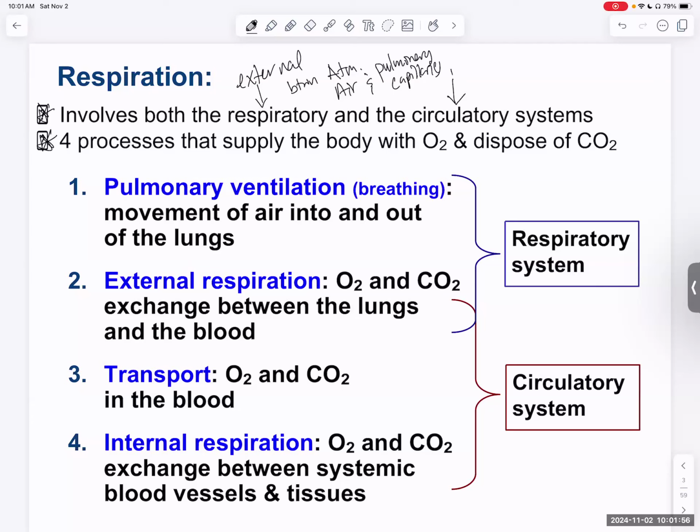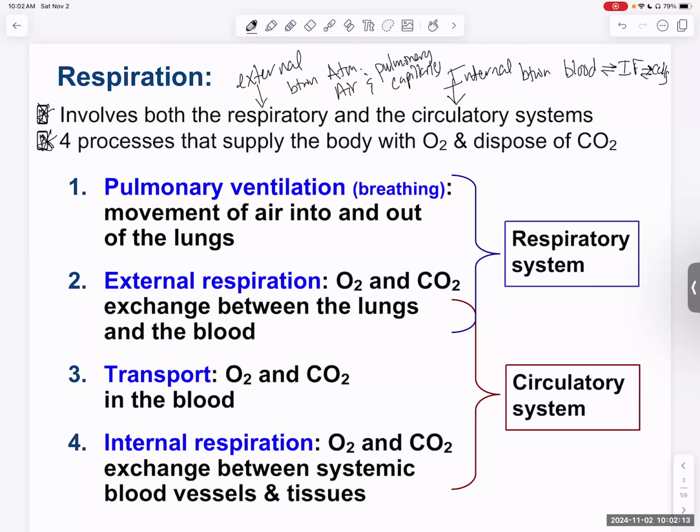And then we have internal respiration, and that is between blood and really the interstitial fluid, which then exchanges with cells.